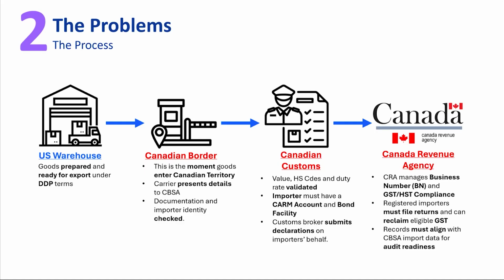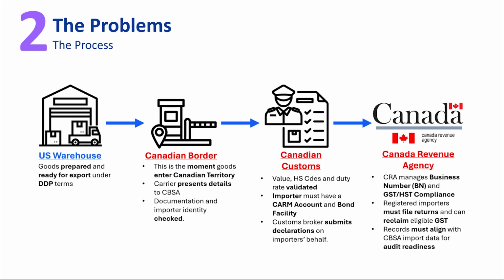So your goods leave the warehouse, they make their way up to the Canadian border. Now, once your goods arrive at the Canadian border, this is where the carrier or the freight forwarder will submit the documentation and data to the Canada Border Services Agency, or the CBSA, as we just learned about. They will inspect all that documentation to see if it is compliant with the requirements for entry from a customs perspective.